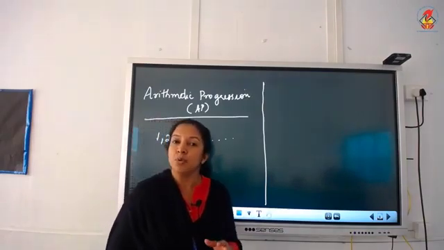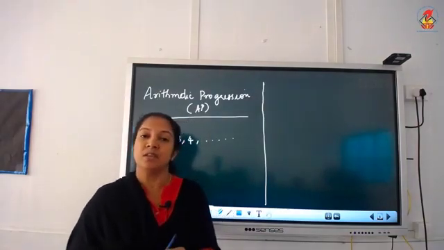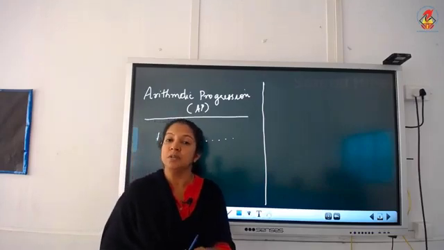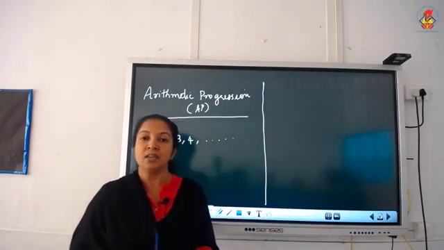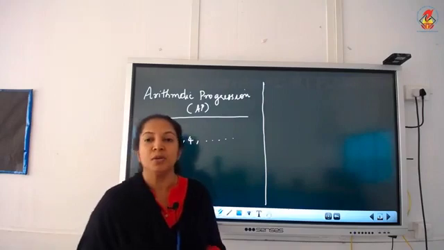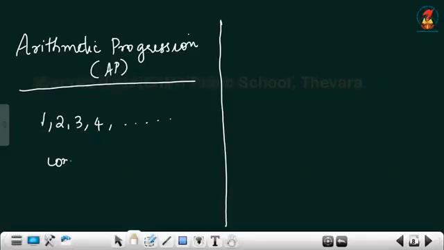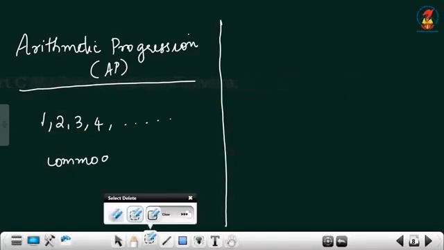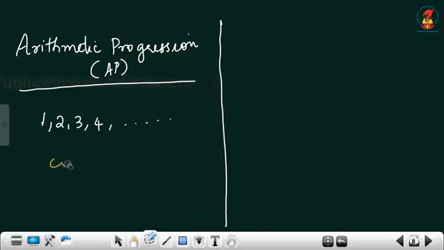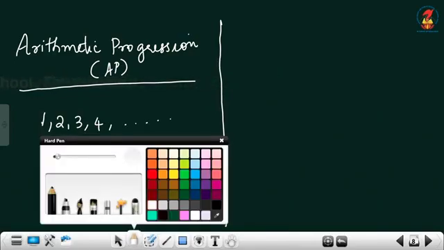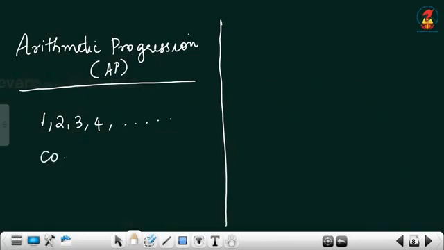So, arithmetic progression is a list of numbers in which each term is obtained by adding a particular number to the previous number. And this particular number is called the common difference, which we can mark as CD.